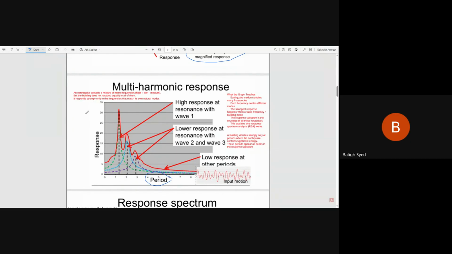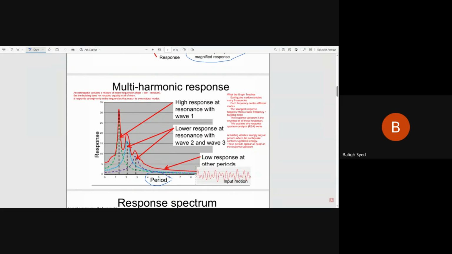So an earthquake. I put a few points which I really want to highlight on the slide we are discussing. An earthquake contains a mixture of many frequencies. When an earthquake comes, like we discussed before, in nature everything is mixed. You will never see a straight line, or it's hard to find. Everything is a mix of difficult, simple, moderate difficulty.